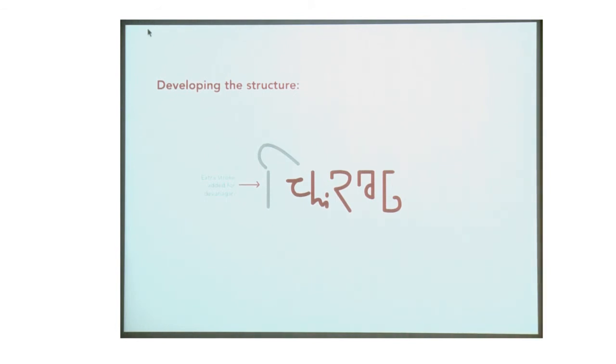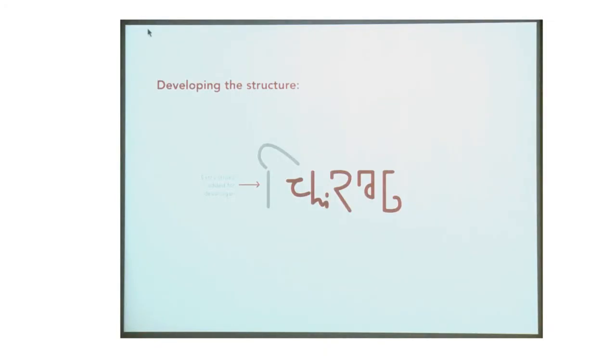Then I added an extra stroke for the Devanagari Chi. Now it gives me a rough ambigram that in English reads C, H, I, capital R, small a, and G. And when you see it in Devanagari, it gives you Chi, then Ra, and then G.